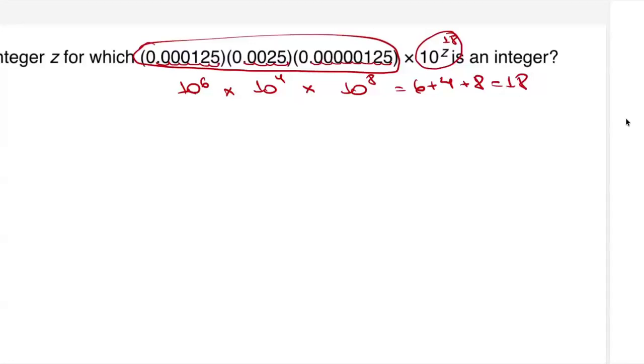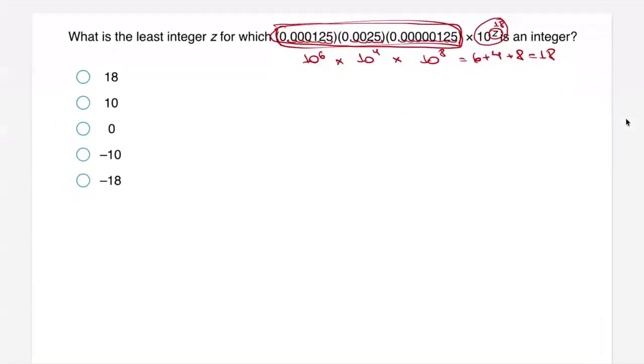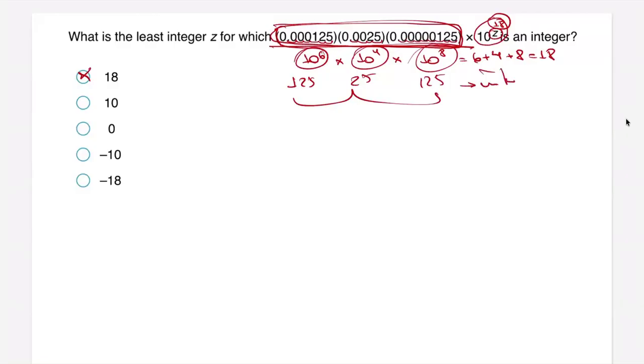Okay? Be careful, it's not minus 18. He's not asking what is this if the number is in this way. Okay? So it's 18. Okay? To transform in an integer, I need to multiply by 10. Doing this, I prove that this is 125 times this, 25 times this, and 125 times this. So this times this is an integer. Okay?